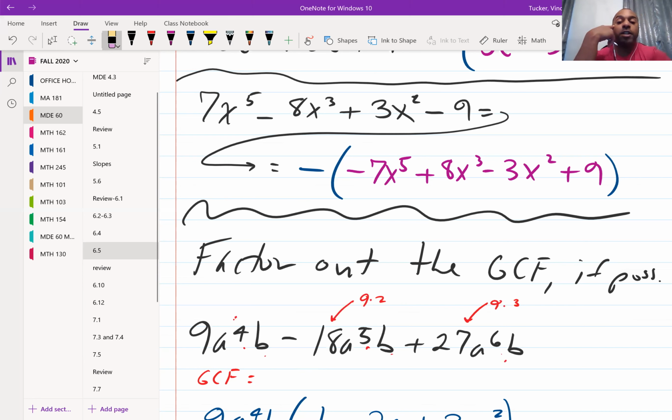Notice we have 9 in common with all three terms. 18 is 9 times 2, 27 is 9 times 3, so it's 9 that's in common with all three. When you look at the A's, we have 4 A's in the first term, 5 A's in the second term, 6 A's in the third term. So we can pull out at most 4 A's from each. And then there's a B in each term that we can factor out. So our GCF is going to be 9a to the 4th b.